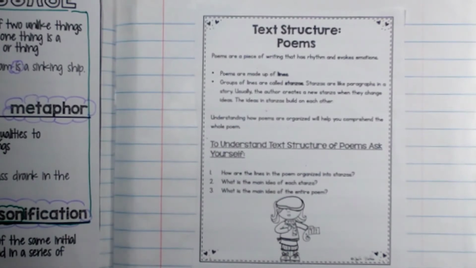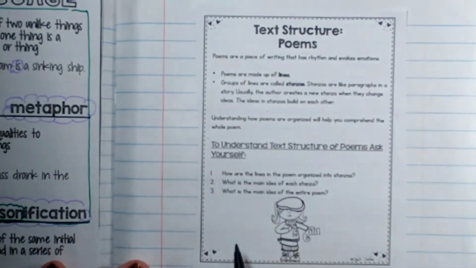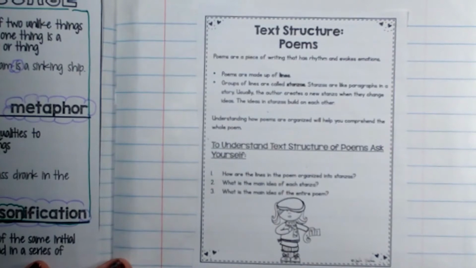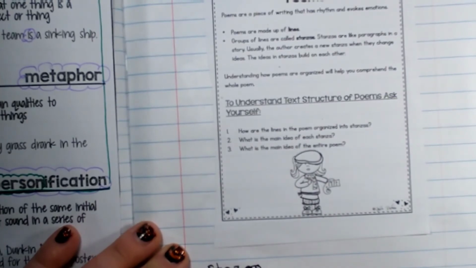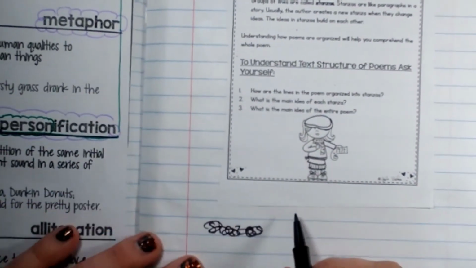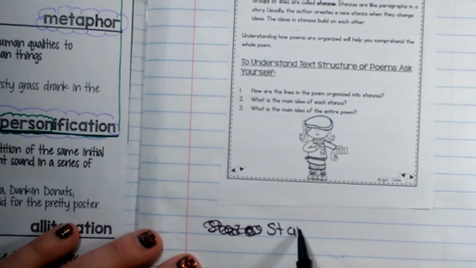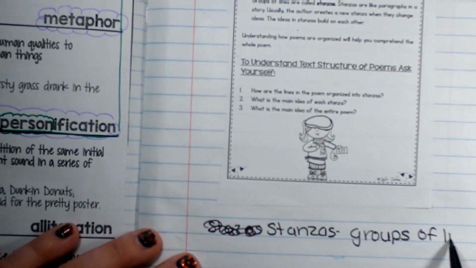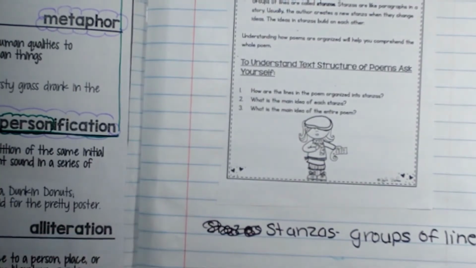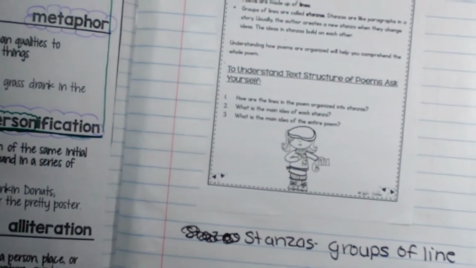So I want you to take note that stanzas, and I know it's small here, but I want to rewrite it. I spelled stanzas wrong. Stanzas are groups of words, groups of lines. Basically, a stanza is a paragraph in a poem.